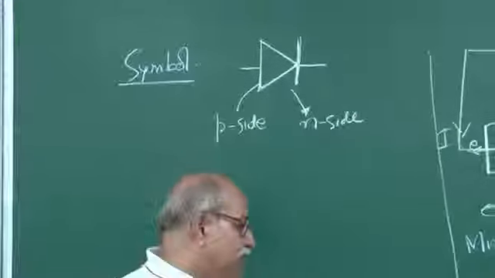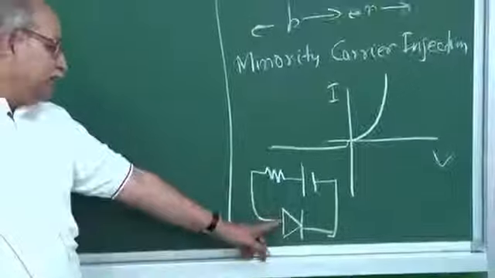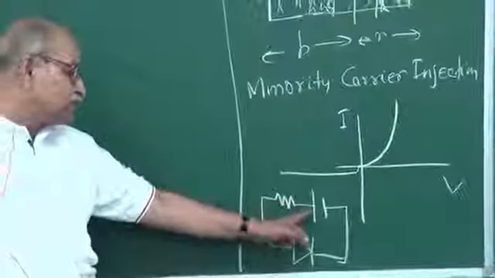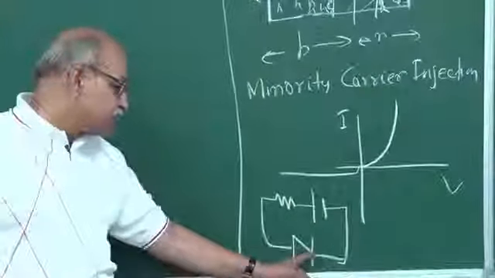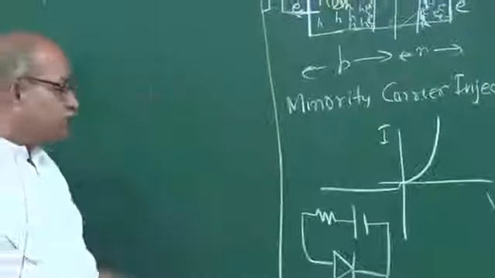So when I draw my circuit in this fashion, what I am telling is that the P side is connected to the positive of the battery, and the N side is connected to the negative of the battery. So this is how the symbols are made.